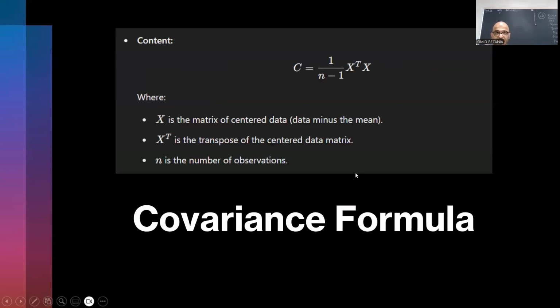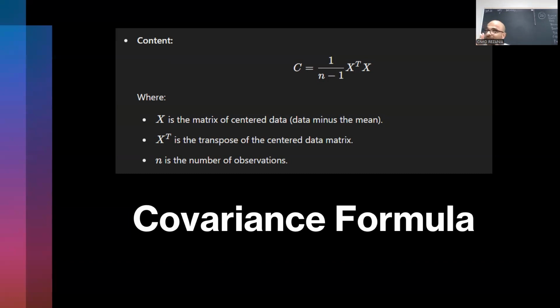Now, in order to find the covariation as a matrix, we are going to use this formula that you see there. We are going to stick to this formula all the time. We call the covariation matrix C, and you have two matrices, X and X transpose. You remember the transpose of a matrix from last week.